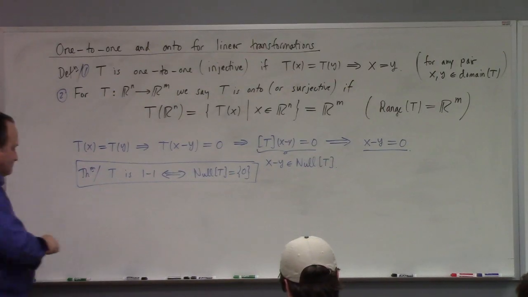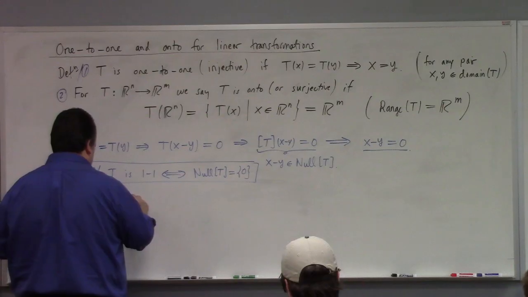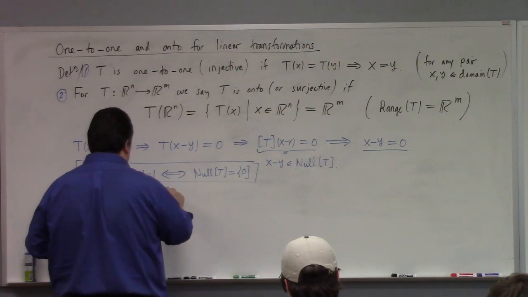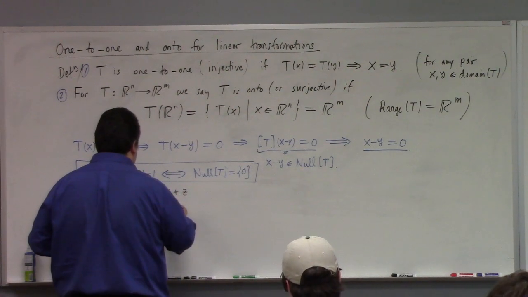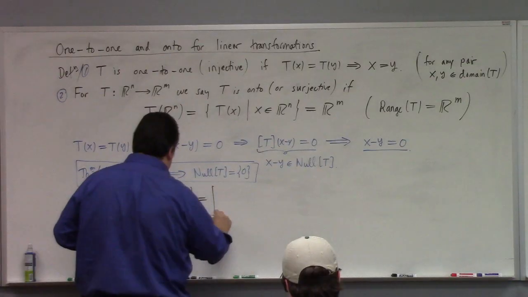Let's work this out. Suppose we have T of x, y, z equals x plus z and y plus z. All right, that'll do it. So my matrix is what?